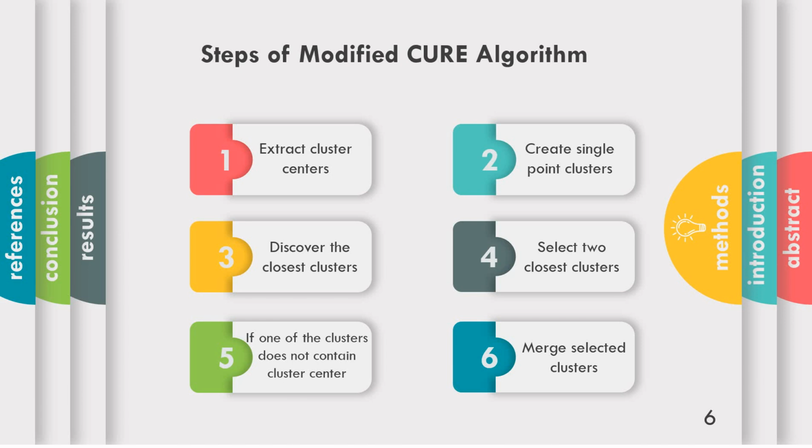Modified CURE algorithm doesn't merge clusters if both of the clusters contain a cluster center data point, and this condition is checked in step 5. If the condition in step 5 is checked and proved to be right, the two selected clusters will be merged in step 6. Until the number of clusters reaches the desired number, steps 3 to 6 will be repeated.